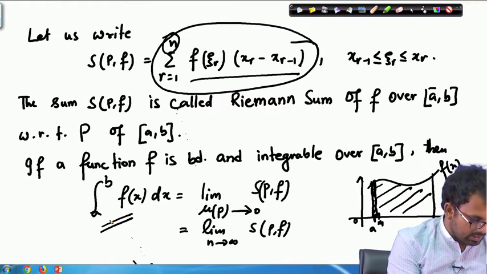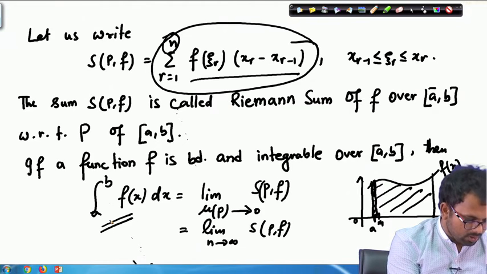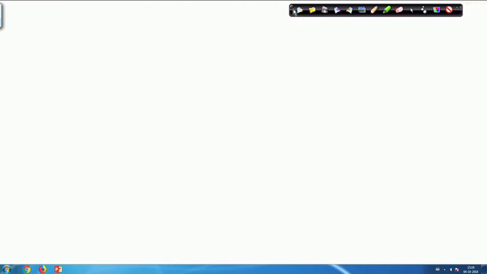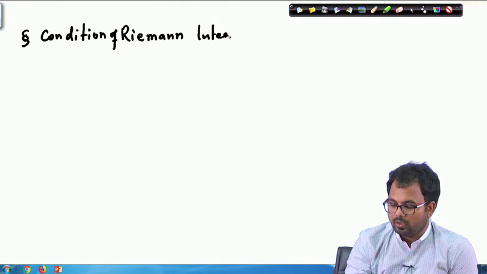where we look into the condition of Riemann integrability.